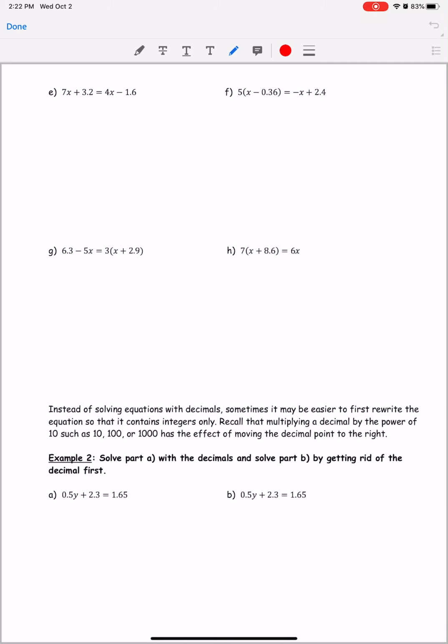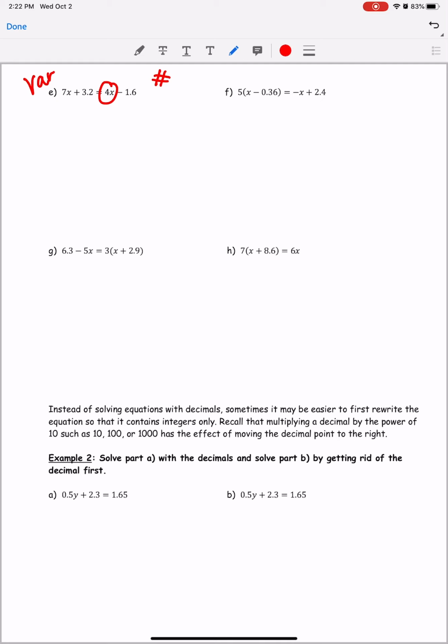On E, notice here we don't have anything on one side. I've got a variable on both sides, and I've got a number on both sides. So just get something to one side, the other one to the other side. I'm going to go variable over here, constant over here. So how do I move this 4x over here?